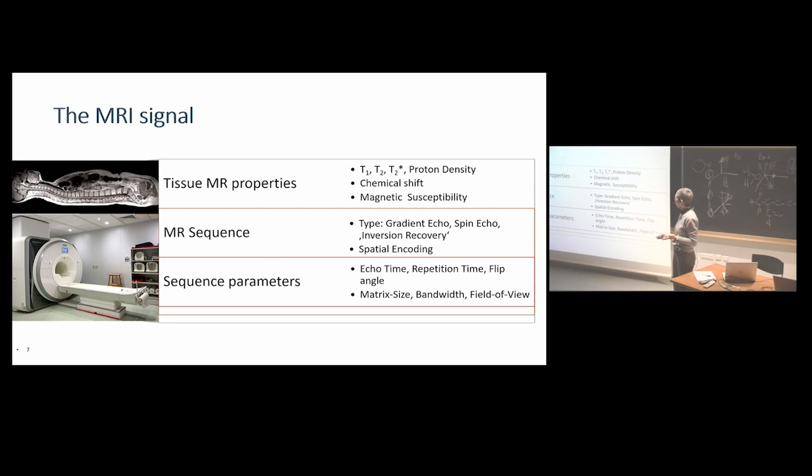So how can we then have this wide palette of different signals? Well, it depends on the tissue properties, as I already listed some of them. Here are some more of them. But it also depends a lot on what you do at the scanner. It depends in the very first place on the type of MR sequence that you will use. You will encounter the inversion recovery today.